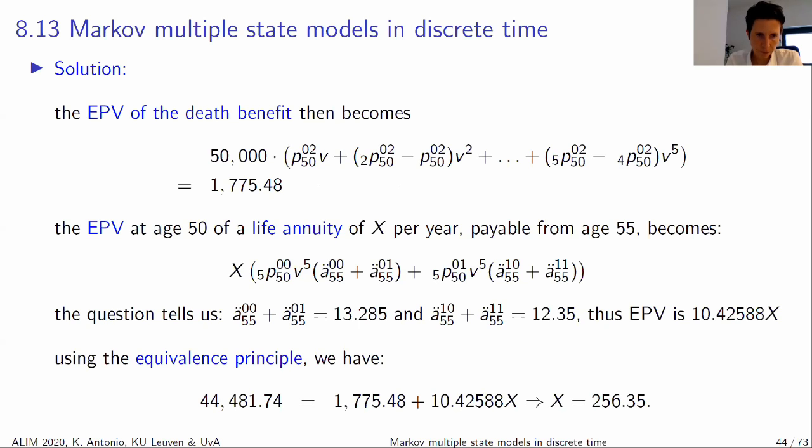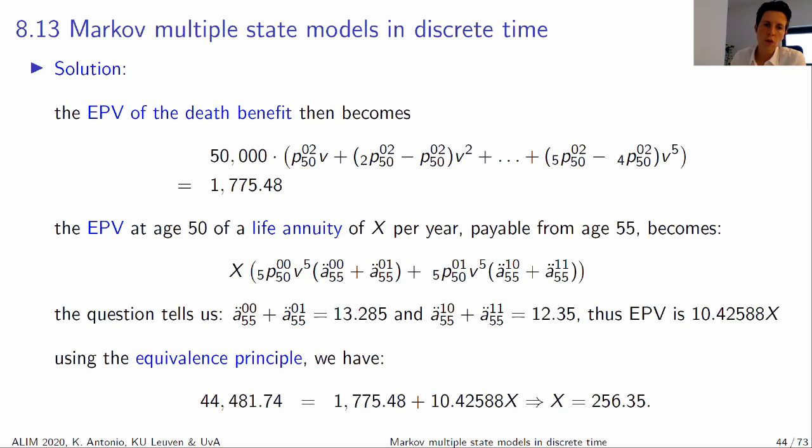If we then continue, so what happens with our life annuities? With a life annuity, we've got a life annuity of X per year, which is payable from age 55 on, right? But we issue this product to a policyholder who is at time 0, 50 years old. So we have this period of deferment. It's a deferred life annuity, and the life annuity is deferred over a period of 5 years.